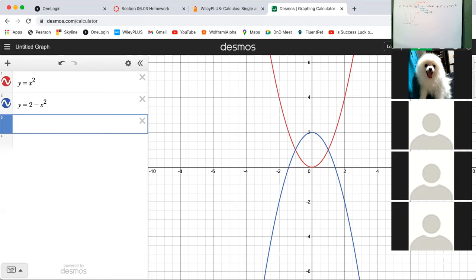And I got this downward facing parabola, which turned out in blue.